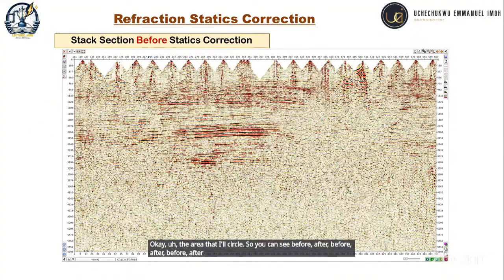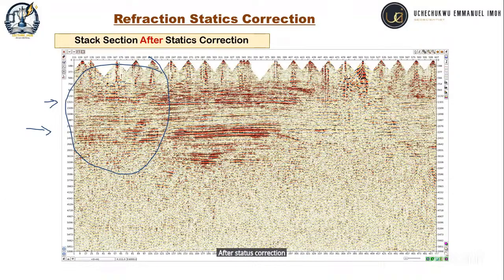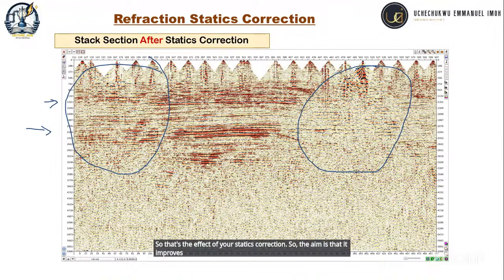So the events are coming out better after statics correction. If you also look to the right, the part I'll circle on the right, look at that area before, after, before, after. So that's the effect of your statics correction. The aim is that it improves your event continuity, and corrects any statics error due to elevation differences and low velocity layer effects.